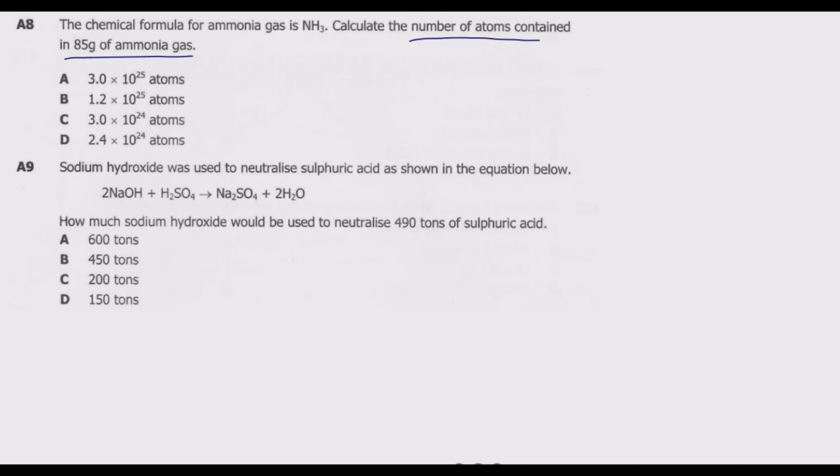So basically, when you ask such a question, the number of atoms contained in a given compound is given by given mass over molar mass of the compound.